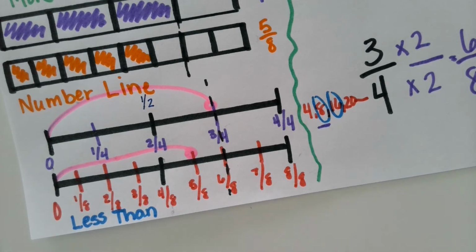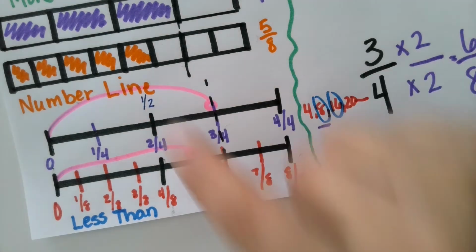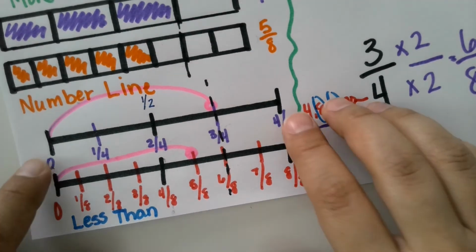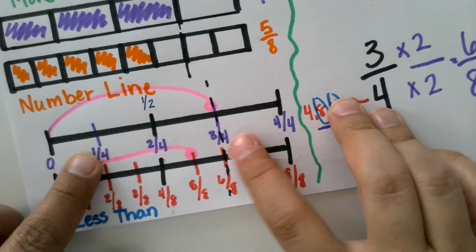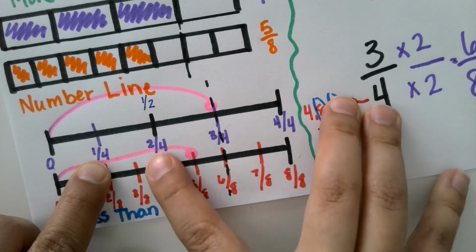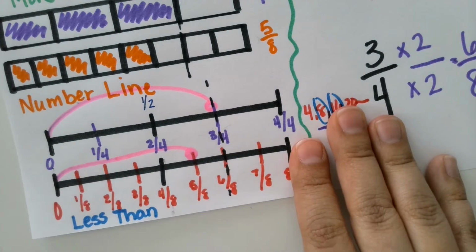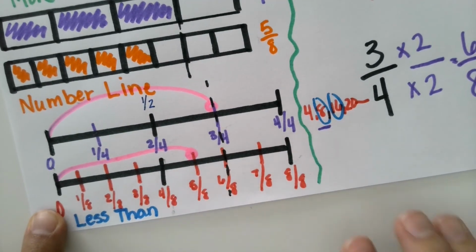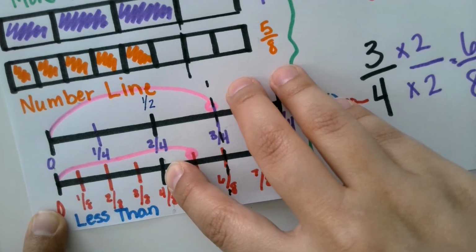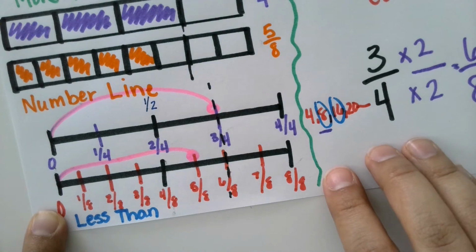That way, if we were comparing halves and 4ths, we could already see 1/2 is the same as 2/4. So after you label the halfway point, then you can put in your others. So here's 1/4, here's 3/4, 1/2 would be 2/4. And we could do the same thing here. We could show that the halfway mark is the same as 4/8.